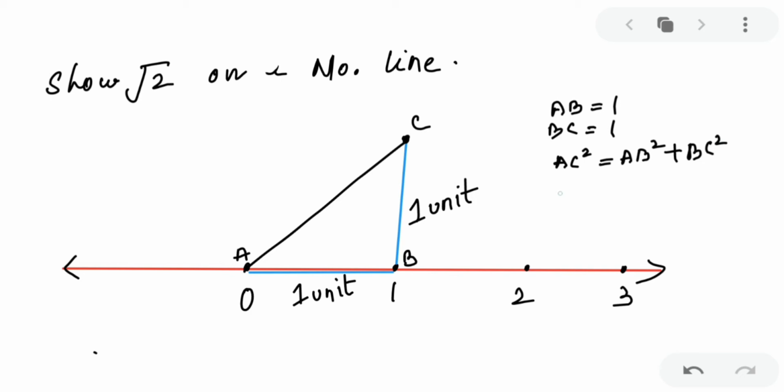So what will be AC square? 1 square is always 1, plus BC is also 1, and 1 square is always 1. So can I say AC square is 2? And what will be AC then? AC is root of 2. That means I got the value of AC as root of 2.